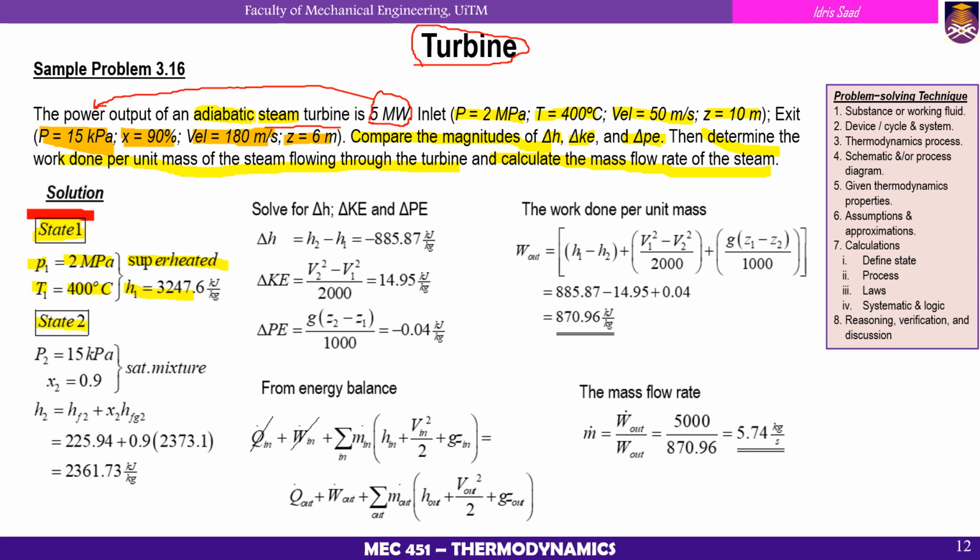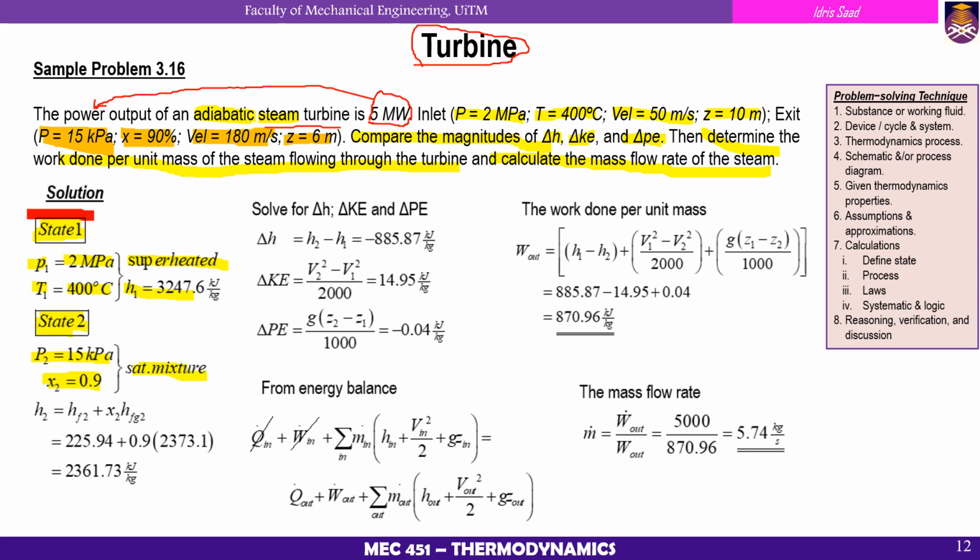Then we go for state number 2. At state number 2, the pressure is 15 kilopascal, and the data give us X2 equal to 0.9. So we know that the quality indicates the phase is a mixture.